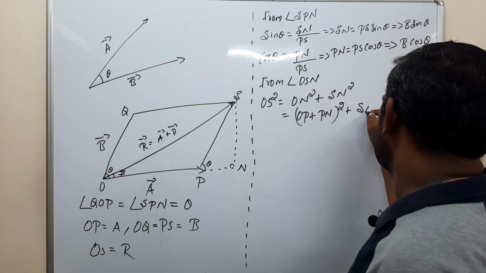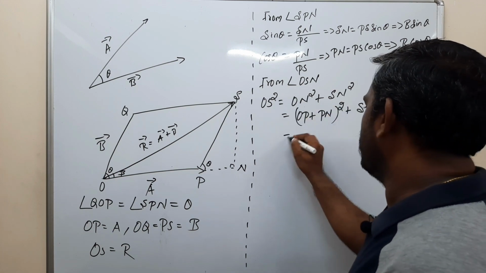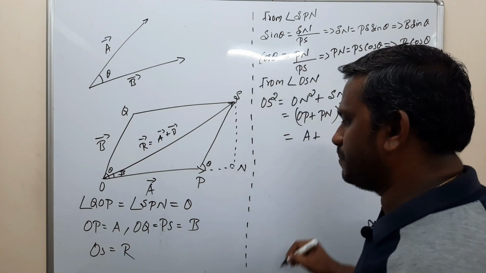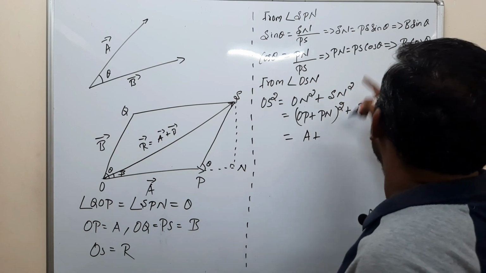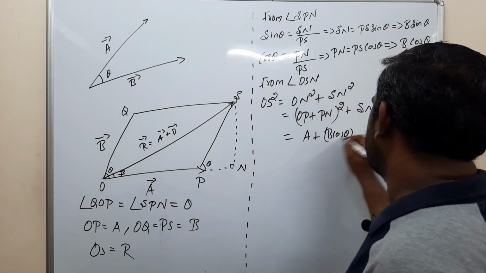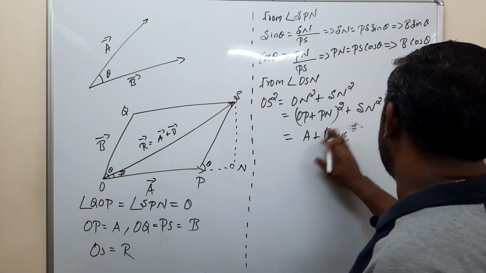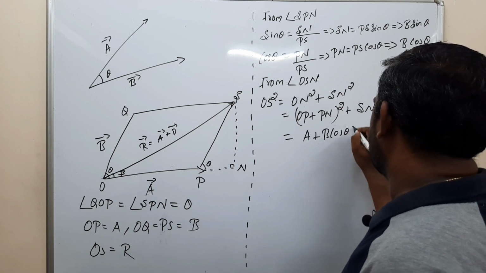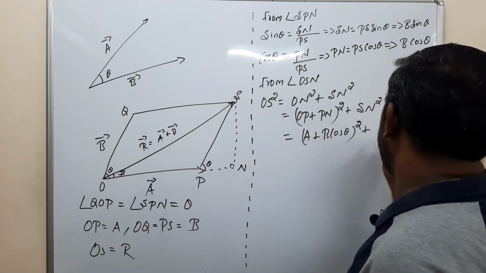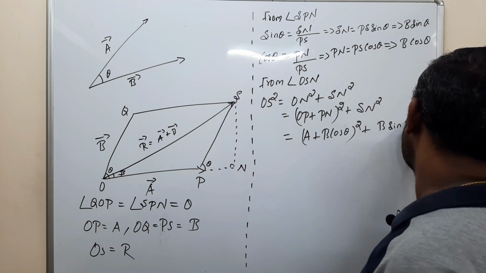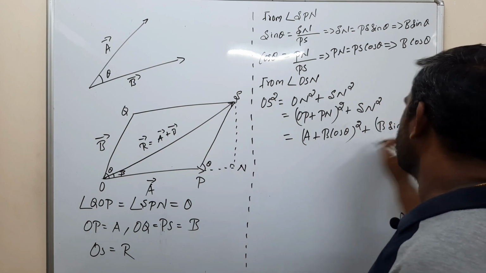So OS square is equal to (A plus B cos theta) square plus (B sin theta) square.